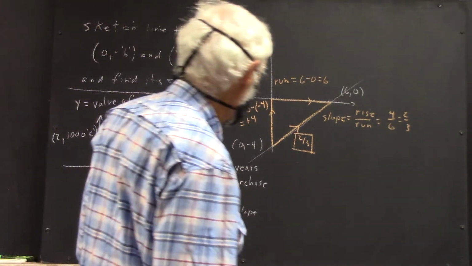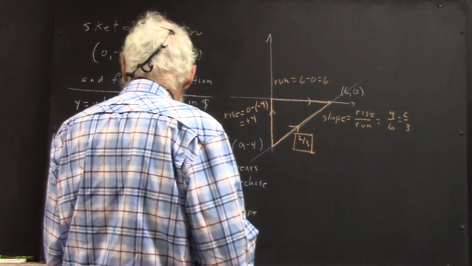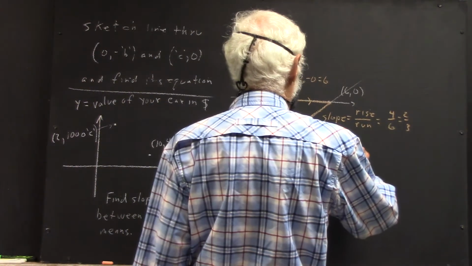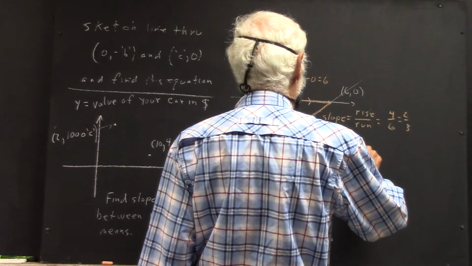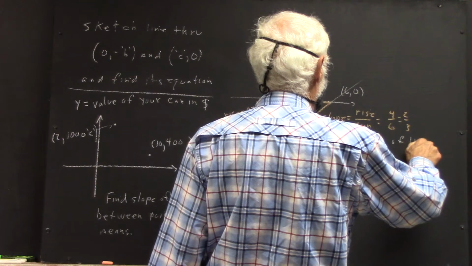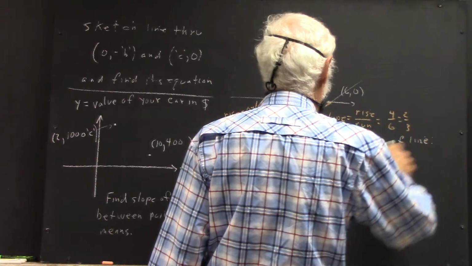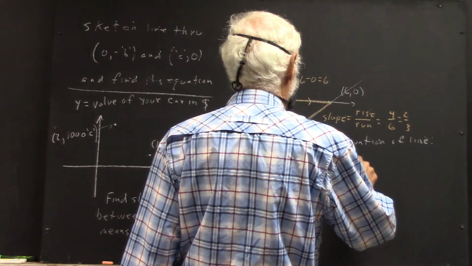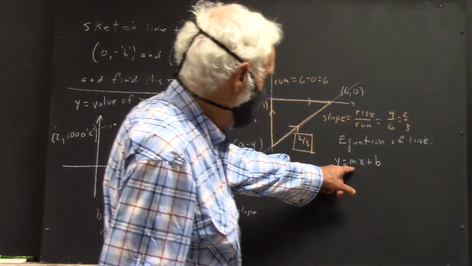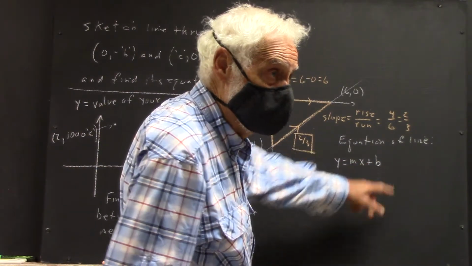Okay? So now, the equation of the line: y equals mx plus b, where m is the slope and b is the y-intercept.